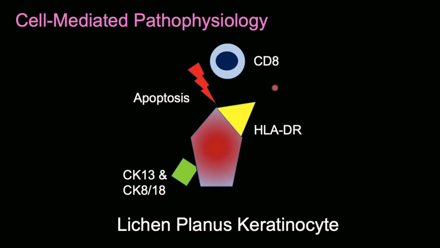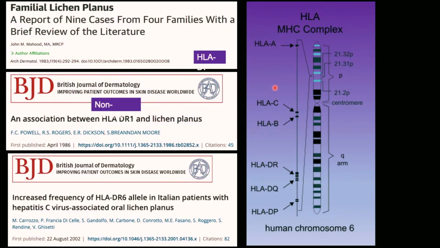We talked about this in terms of ICAM-1, which increases apoptosis, and because BCL2 is anti-apoptotic, it will increase in lichen planus as a reaction to the increase in apoptotic activity.